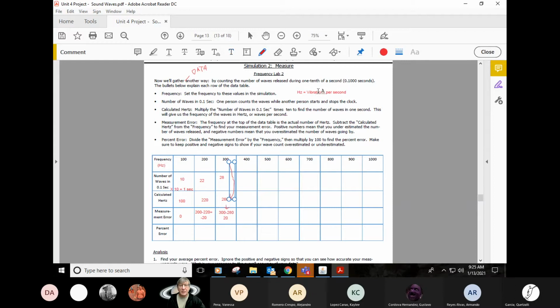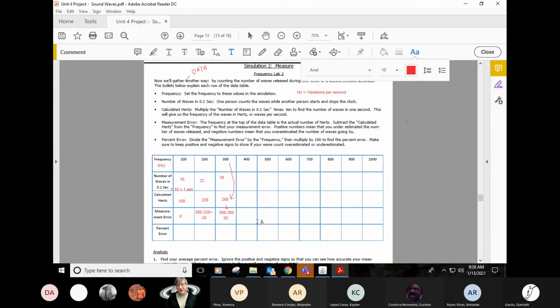Now, if it's a positive number, that's going to tell me that I underestimated. In other words, the actual frequency was more than what I measured. I underestimated it. If it's a negative number, that means I overestimated it. The frequency was below my measurement, so it was negative.